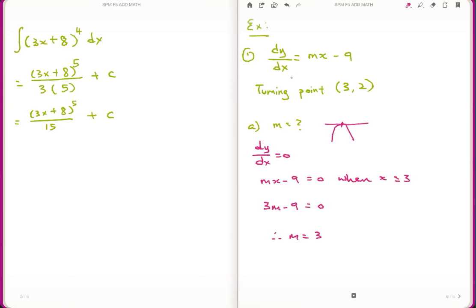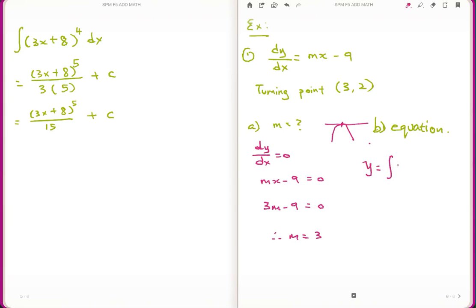What's this equation? In order to find the equation of the curve, your equation y will be equal to the integration of the curve.